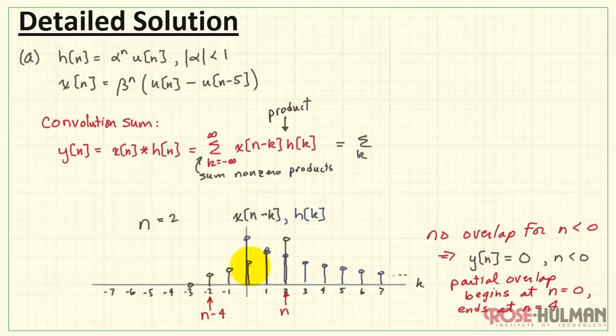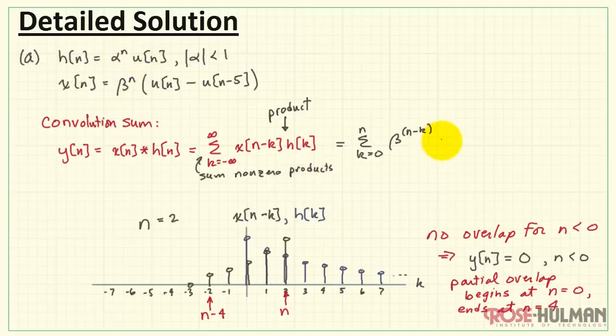Now, as I evaluate my convolution sum, we see that k always starts at 0, because prior to that, the product is always 0. We end up at n. Now, x of n minus k would be our beta with its argument evaluated at n minus k.